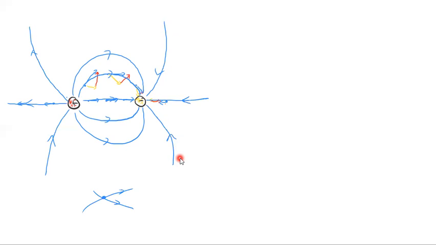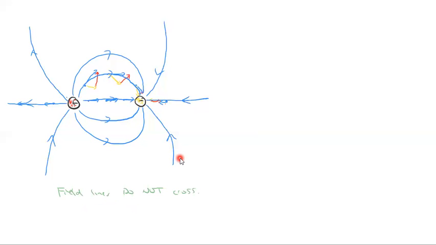The particle can experience more than one force, but then you need to add them up and work out the sum of those forces. So the field lines can never cross. Remember, field lines do not cross, because it doesn't make any sense.